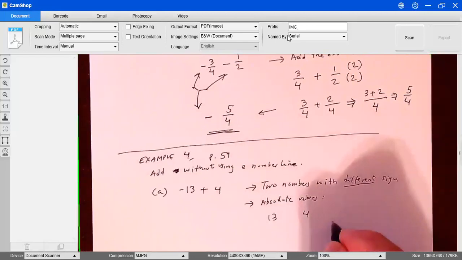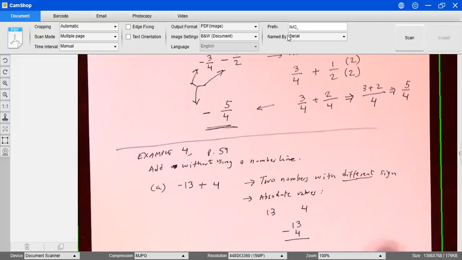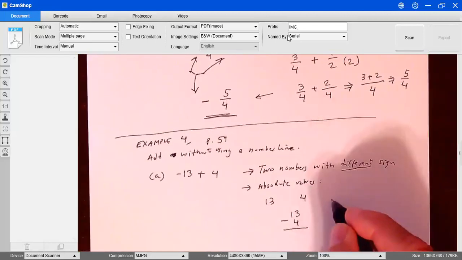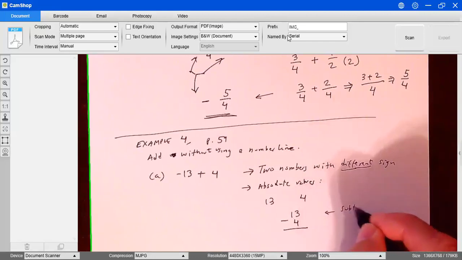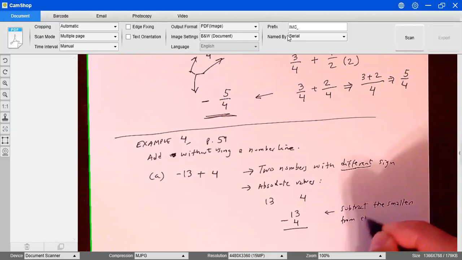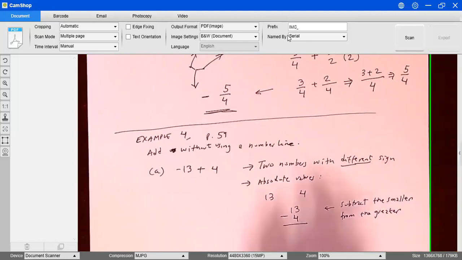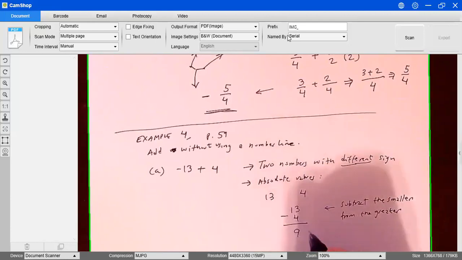So you're going to write 13 minus 4. That's the rule: you subtract the smaller from the greater. So 13 minus 4 is just 9.